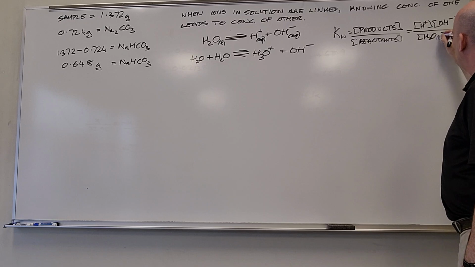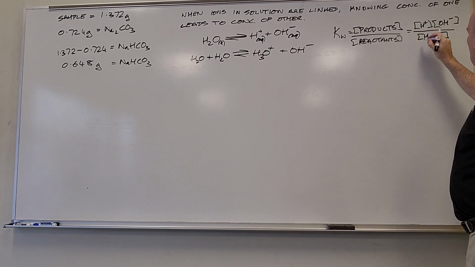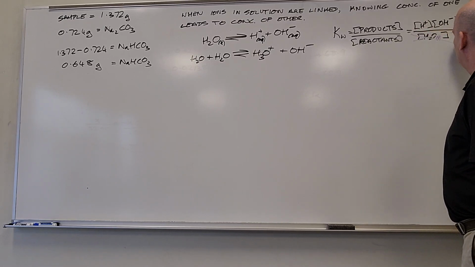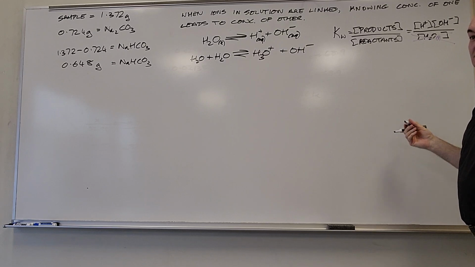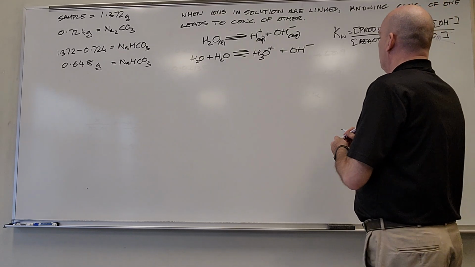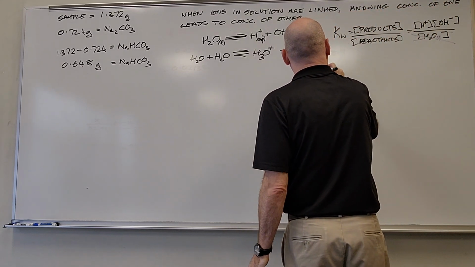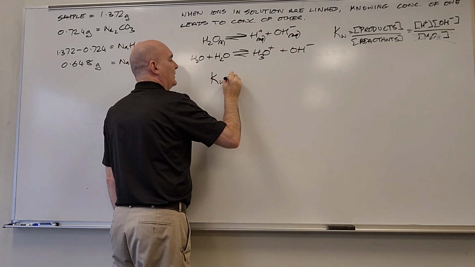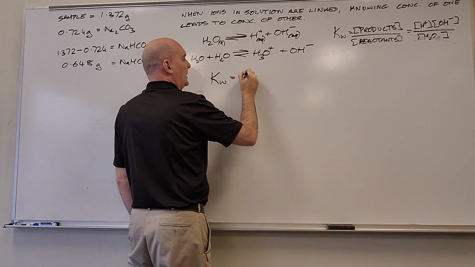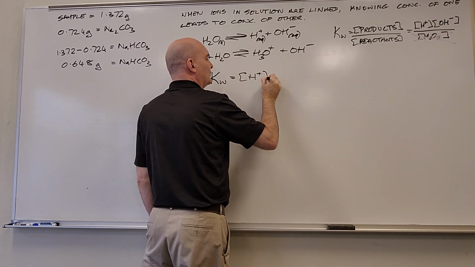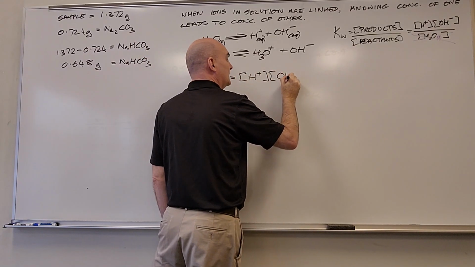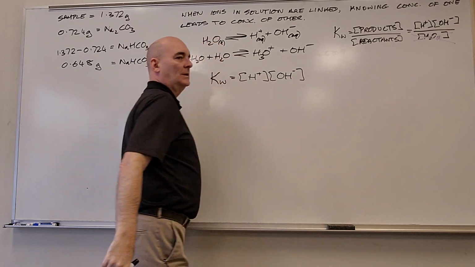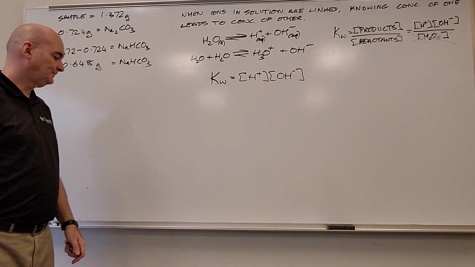And of course, because that's a liquid, yeah, this one's no good. Because that's a liquid, it doesn't work. All right, so it turns out then that Kw, that's not the case K, is just the concentration of the acid multiplied by the concentration of the base.